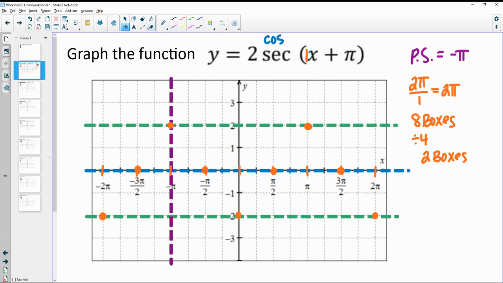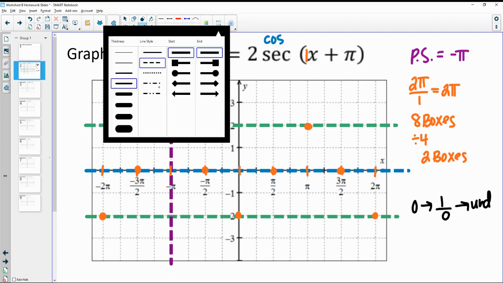Now, the reciprocal function: when cosine equals 0, secant is going to be undefined because the reciprocal of 0 is 1 divided by 0, and that is undefined. So anytime that your cosine function is 0, your secant function is going to be undefined.